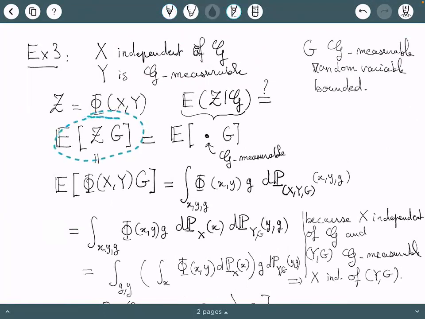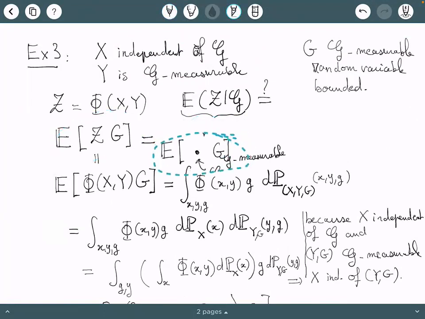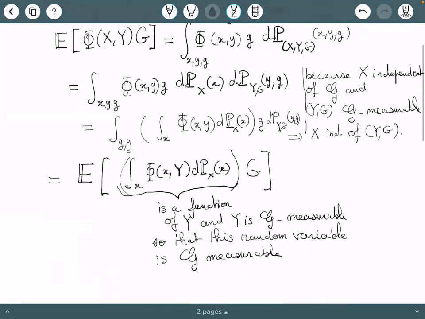I wanted to write it like the expectation of some random variable, which is here represented by the dot, which is G measurable times g. And it is exactly what I did. And it is true for any g which is G measurable.